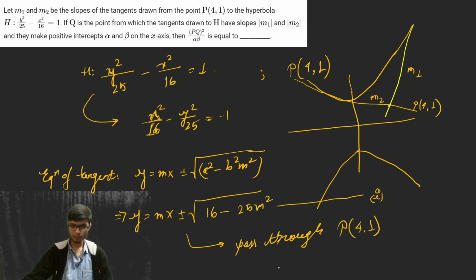So let me put y is equal to 1 and x is equal to 4: 4m plus minus root under 16 minus 25 m square. From this we get 4m minus 1, then we take the square, and this will be equal to 25.